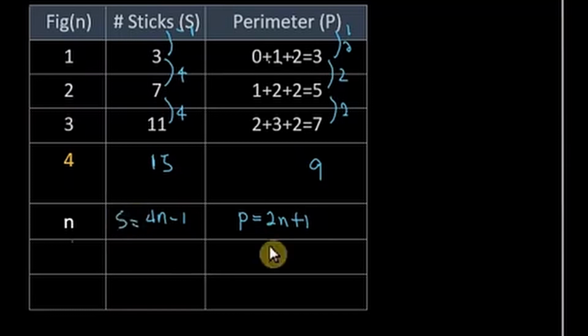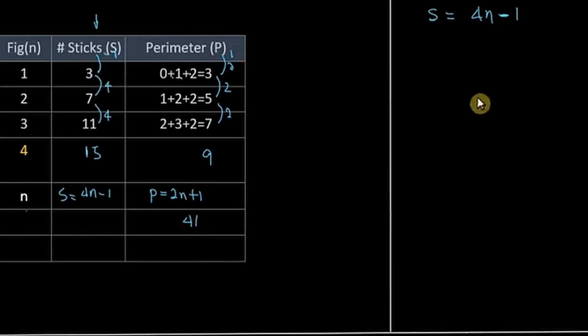So now that we have equations, if for example we have perimeter is equal to 41, we can always find the number of sticks and n. So let's go ahead and do that. If p is equal to 41, then because we know that p is equal to 2n plus 1, and we equate that to 41, it means that 2n is equal to 41 minus 1, which is equal to 40.